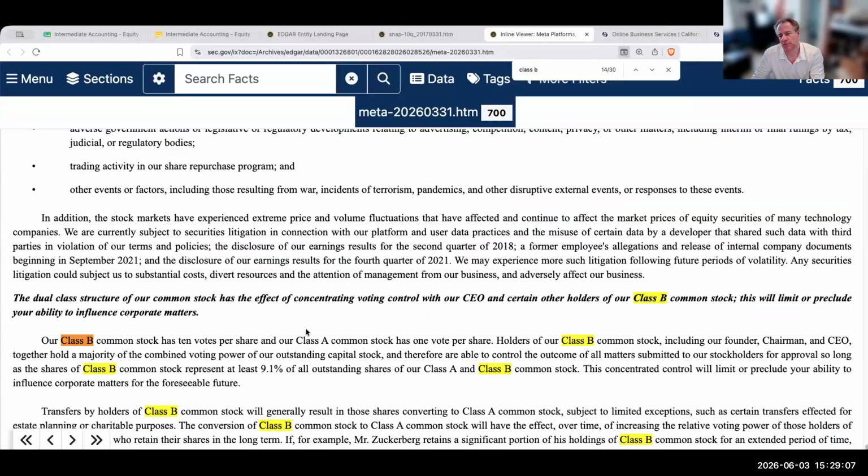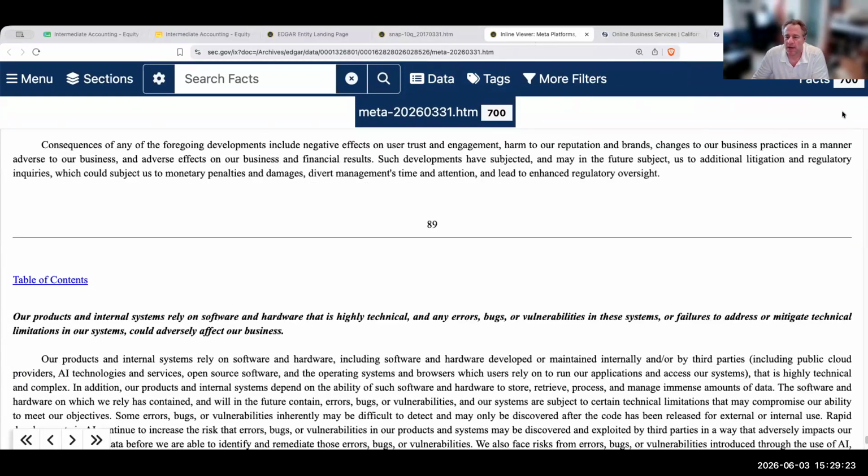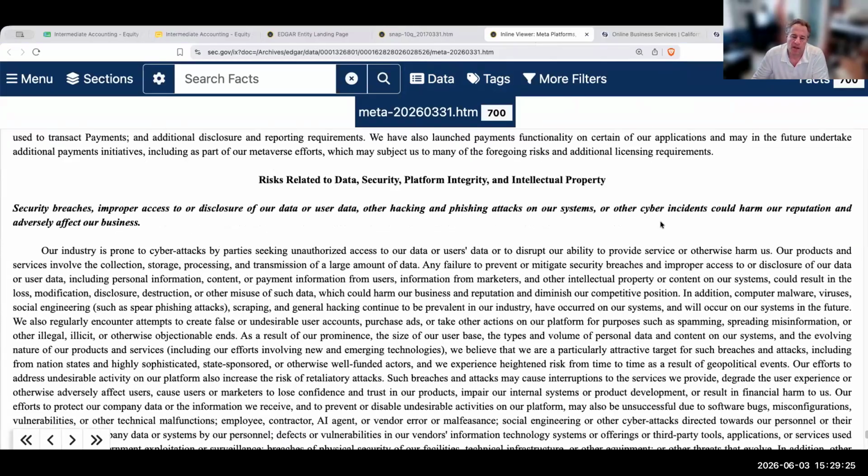And here you go. Our Class B common stock has 10 votes per share. So when you look at Meta Platforms, this is really about ownership control.